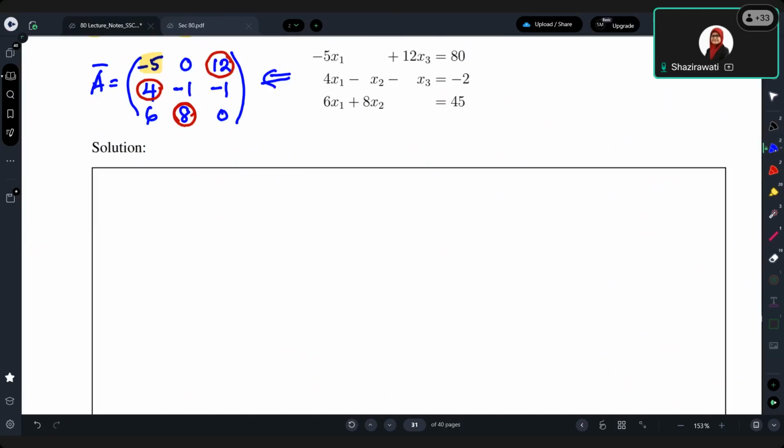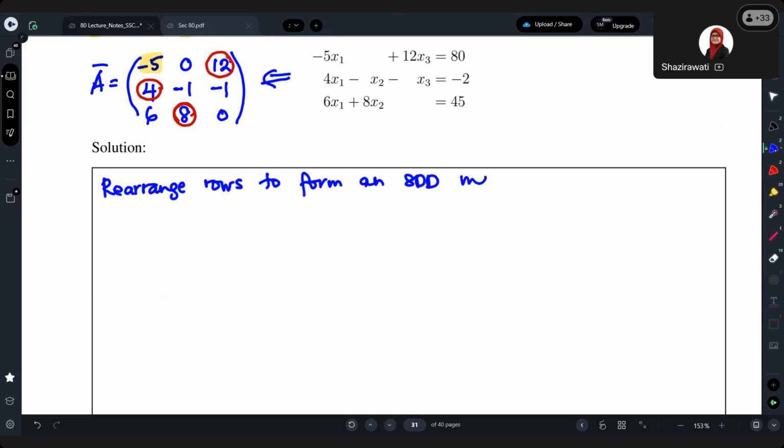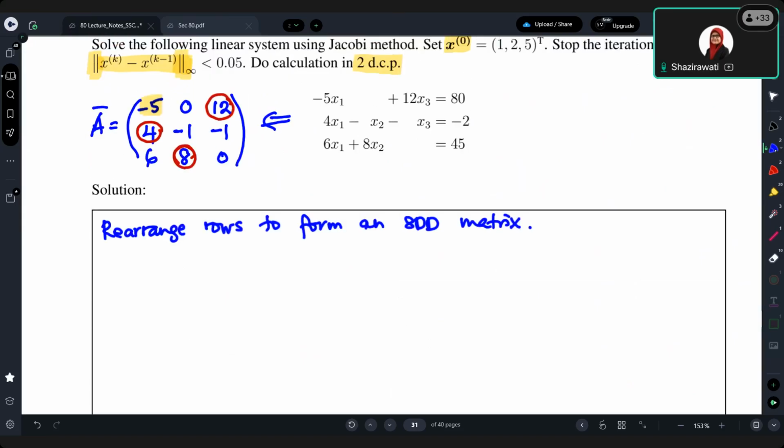So proses yang pertama dekat sini adalah rearrange rows to form SDD matrix. Kalau kita tak tukar baris, maksudnya you punya formula nanti akan jadi salah, sebab kita punya formula X1, X2, X3 basically based on row number.